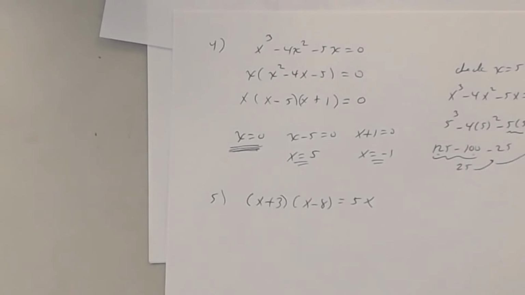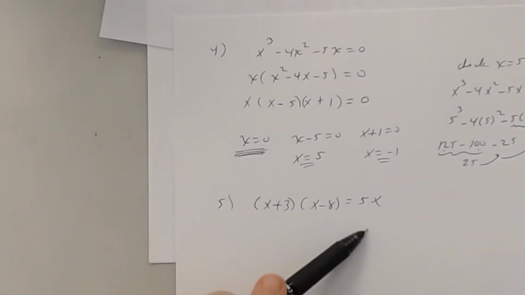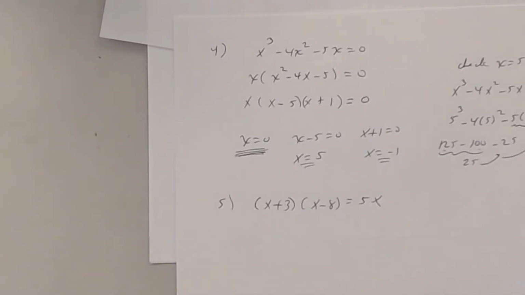On the left-hand side, it is factored, right? Yeah. You have two factors on the left-hand side. What are they? x plus 3, and what's the other? x minus 8. Are you going to set each of these equal to 5x? No. Good. Because remember, in order to set those factors equal to a number, that number must be what? 0.